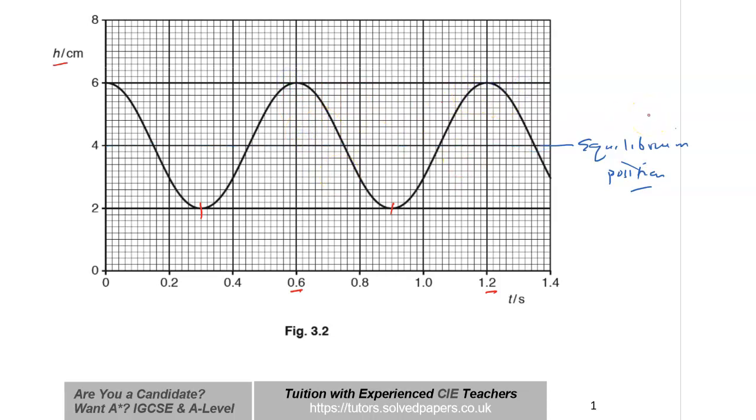So with damping, when this liquid is damped, the frequency will remain the same, but the amplitude will decrease. So I can draw something like this.